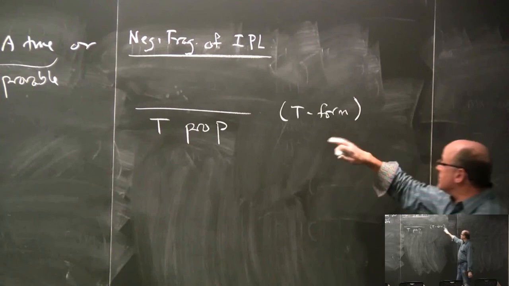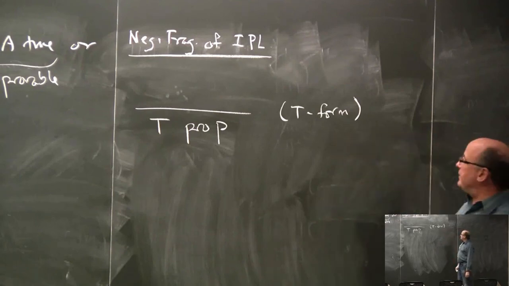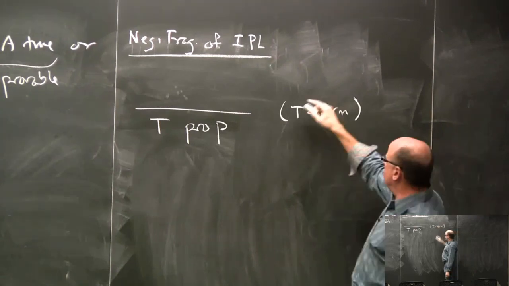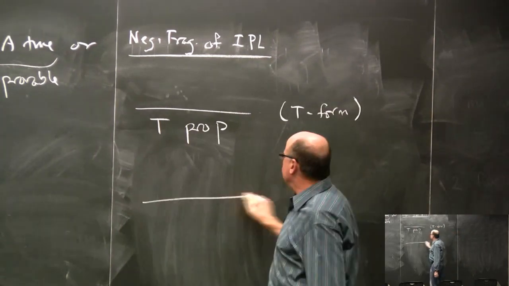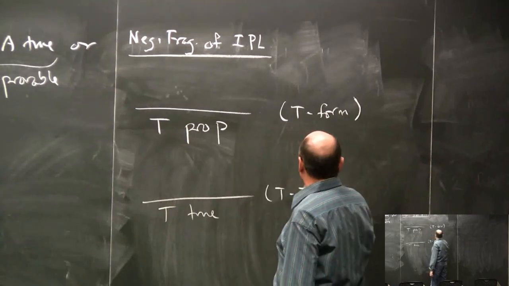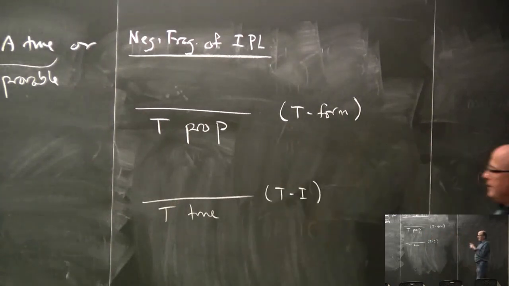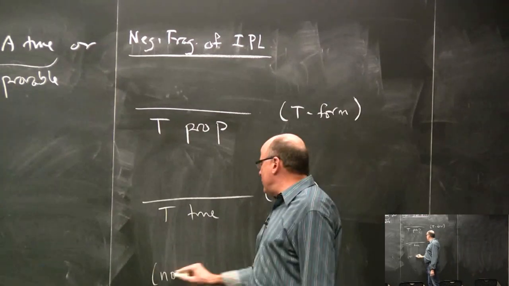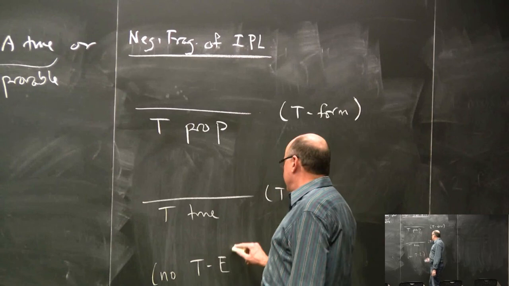Okay, so we'll just say that's a trivially true proposition, so that's called truth formation, or truth F. And the trivially true proposition is trivially true without proof. You just say it is true because it's the trivially true proposition. And there's no rule of truth elimination.